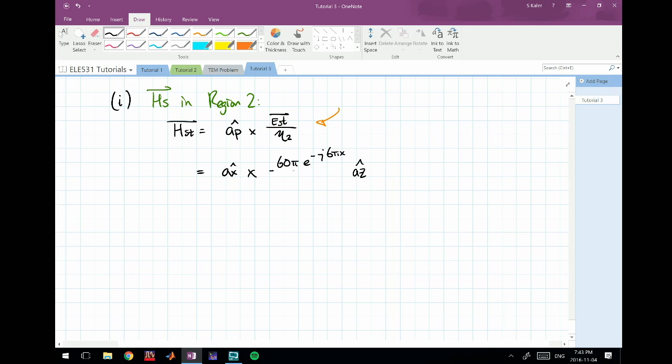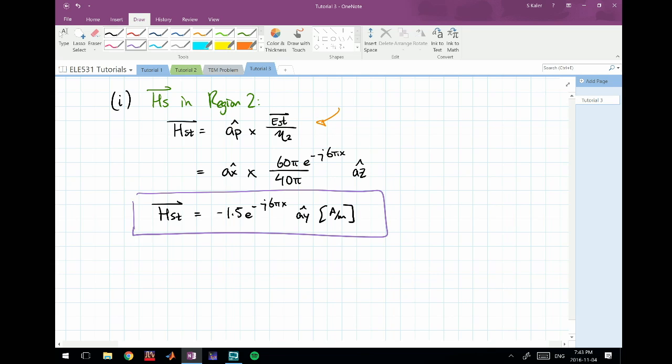This is divided by 40 pi because this is eta 2. So again, x cross z gives us minus ay. 60 pi divided by 40 pi is 1.5, so that's minus 1.5 e to the minus j 6 pi x ay amps per meter. This is HST, our transmitted magnetic field, or the magnetic field in region 2.